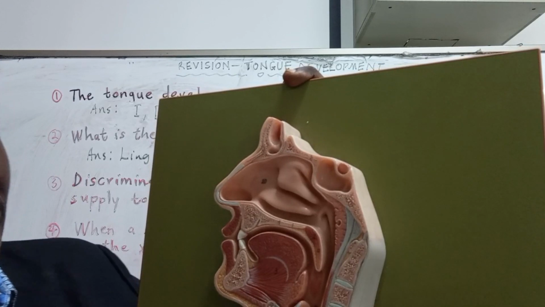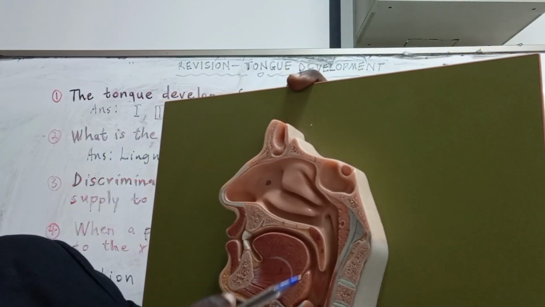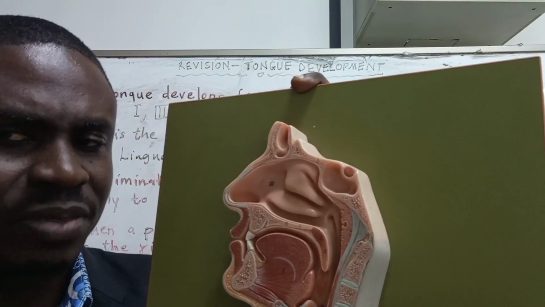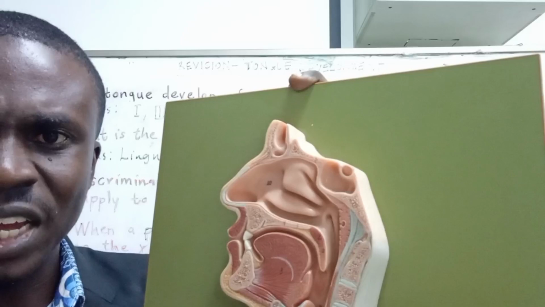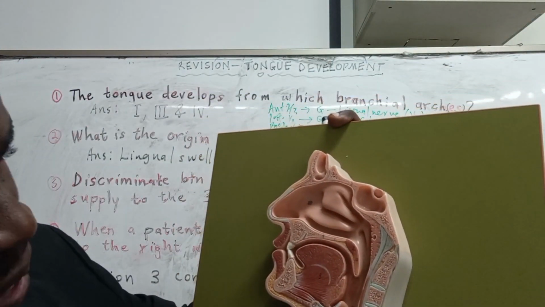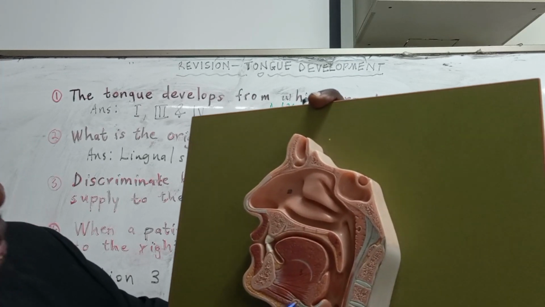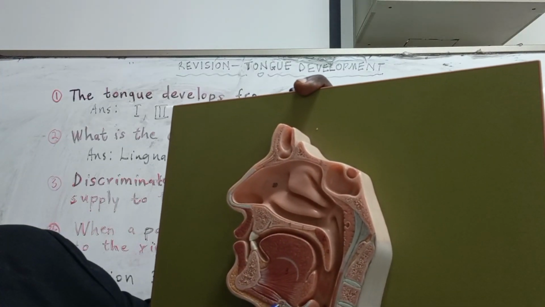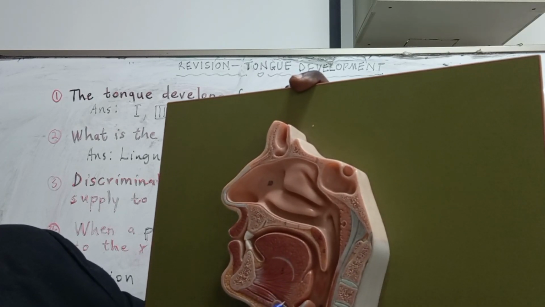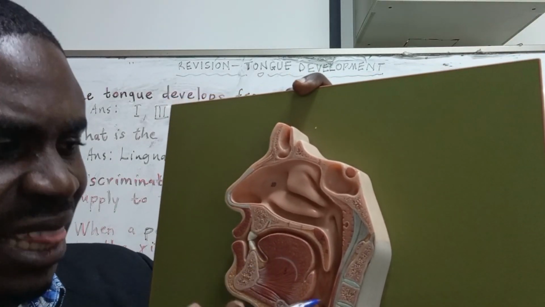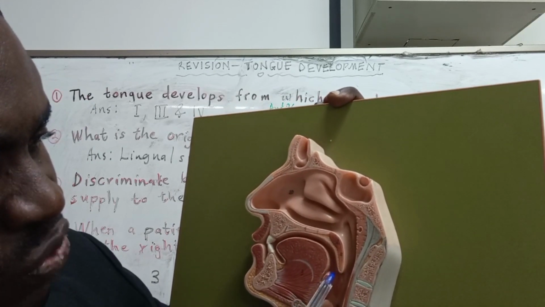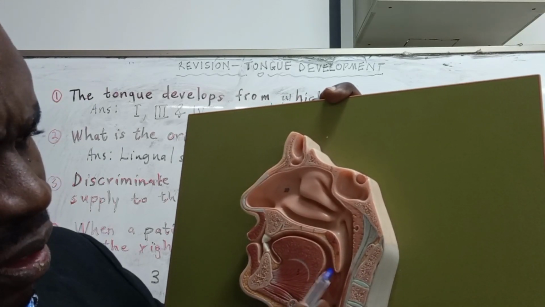Yes, we have other muscles also. Now, we have styloglossus, from the styloid process to the tongue, which cannot be shown over here. We also have hyoglossus, from the hyoid bone all the way to the tongue, not really shown clearly over here. And then we also have palatoglossus, the one deep to this palatoglossal fold.